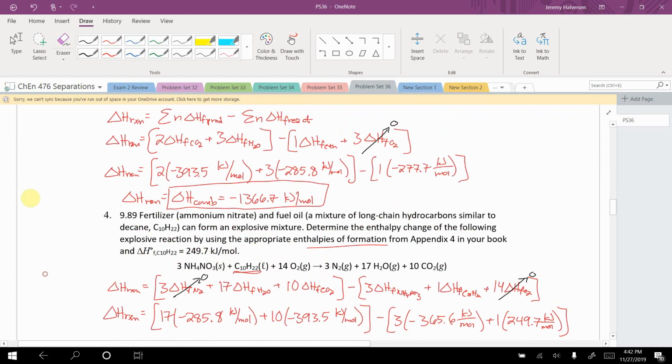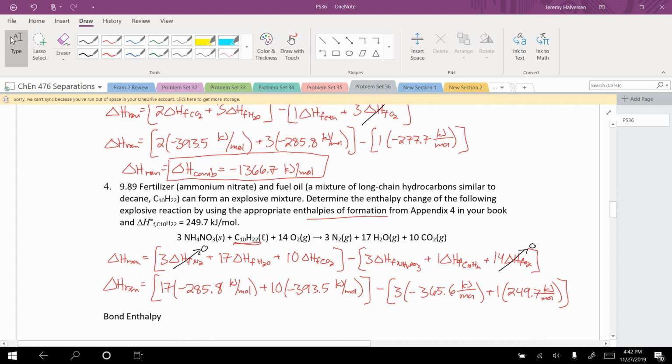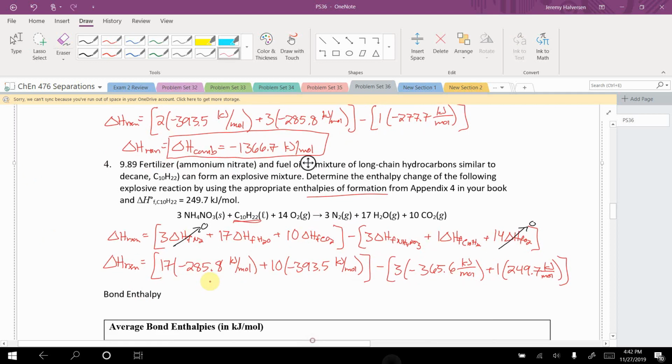My mistake. I accidentally used the value for water as a liquid when in the reaction water is a gas. So I shouldn't have used 285.8. I should have used negative 241.8.